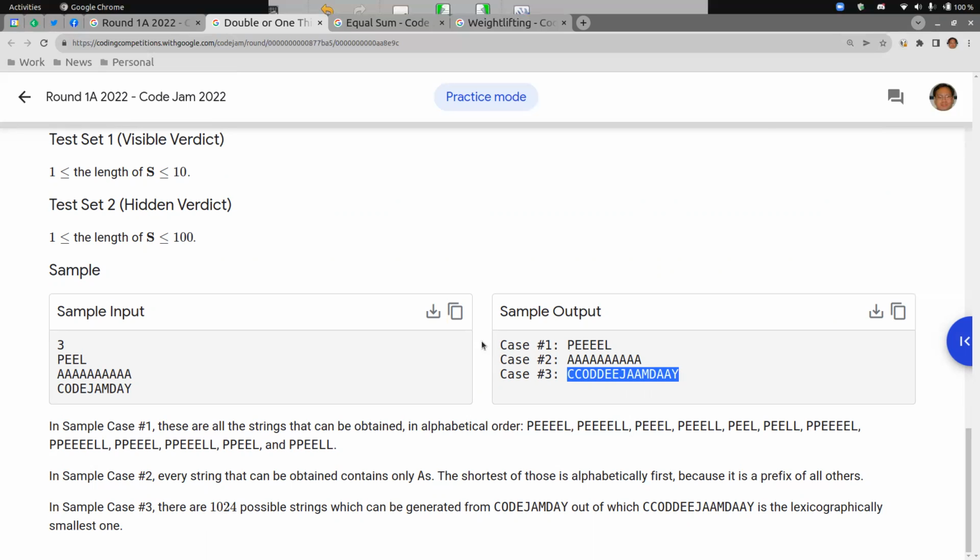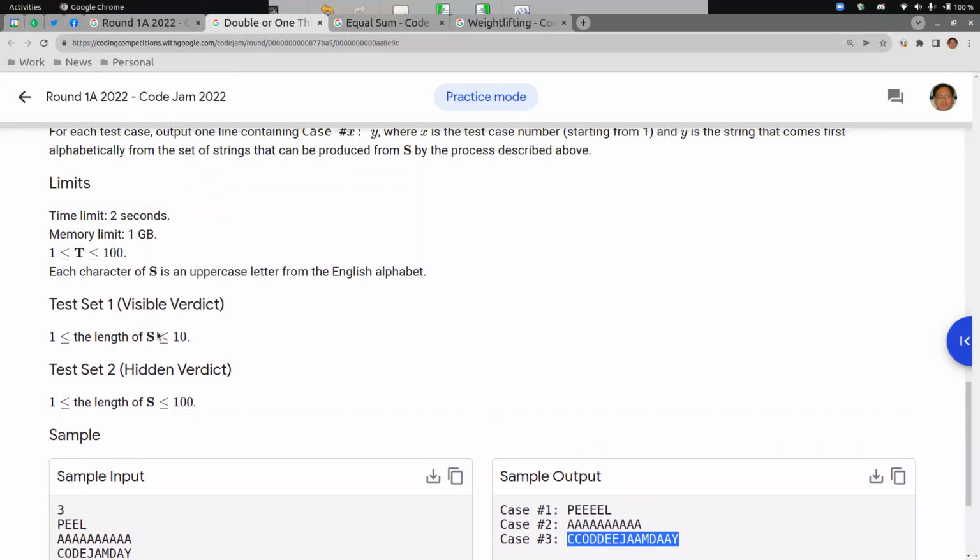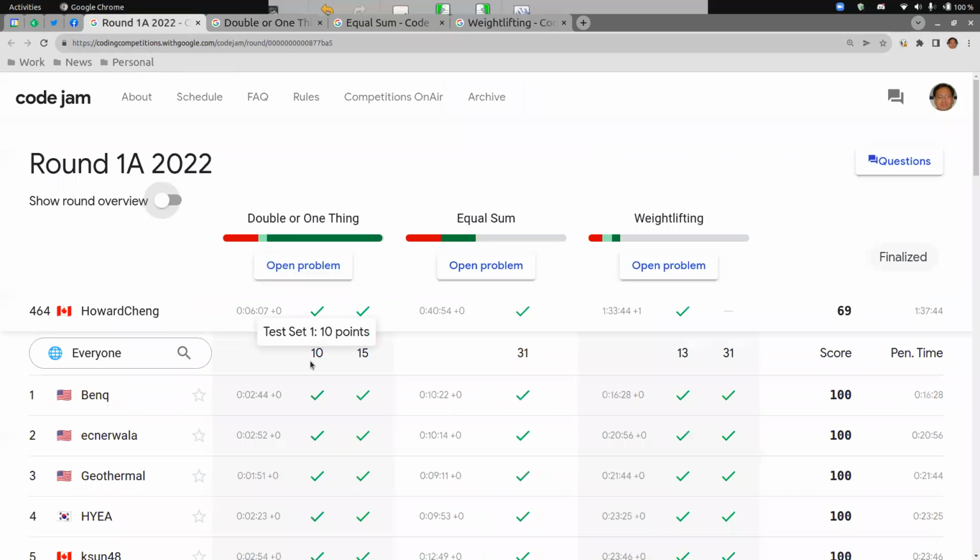So in the actual contest, you can do the 2 different test sets, and you get different points. If you only solve one set but not both, you get partial points. If you solve both sets, you get all the points from this problem. It's 10 points if you solve test set 1, 15 points if you solve test set 2.